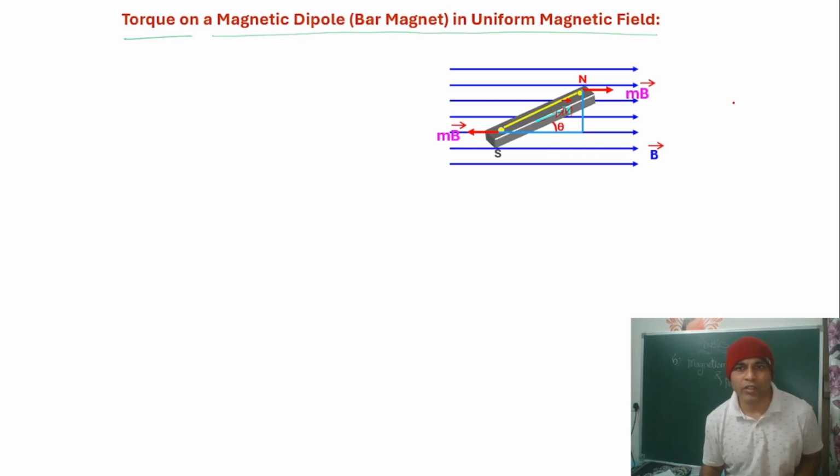The magnetic length is 2l. The angle theta is made with the magnetic field.